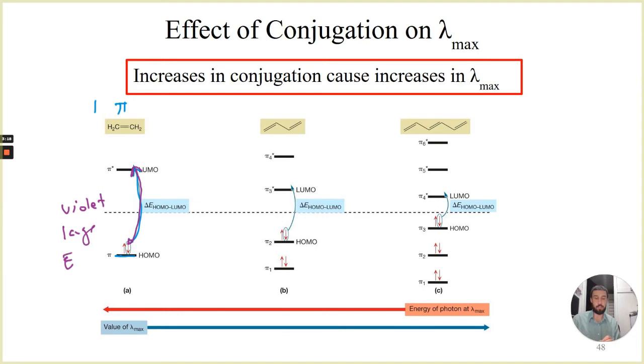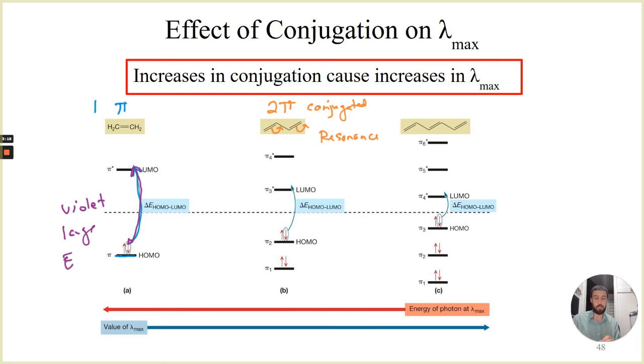Well, what happens if we add a second pi bond? As long as it has the ability to do resonance, which this one does, a second pi bond that is conjugated, keyword being resonance, drops the pi bond energy just a little bit. It's not the same as having two separate pi bonds.